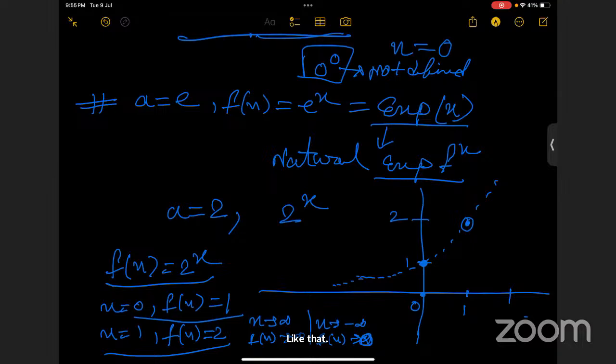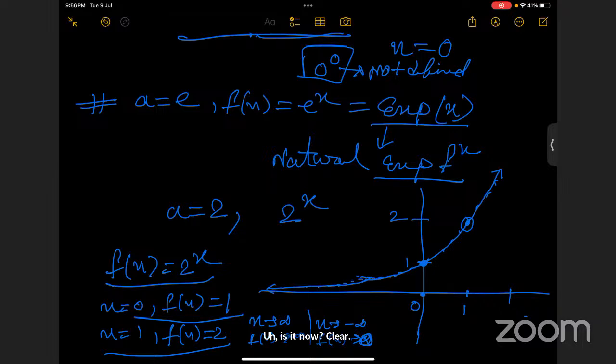When x tends to minus infinity, our f of x will be tending to 0, and when x tends to positive infinity, f of x will be tending to infinity. So is it now clear? Yes, ma'am. Okay.